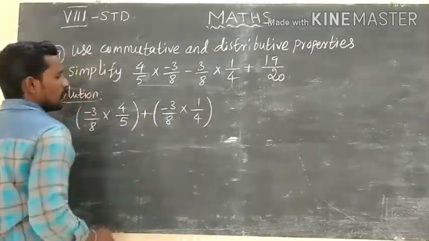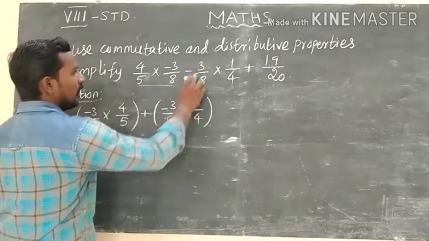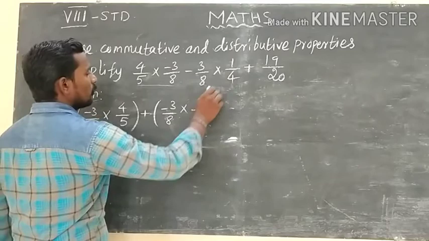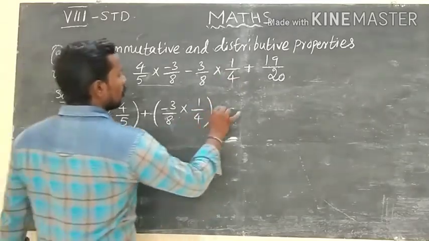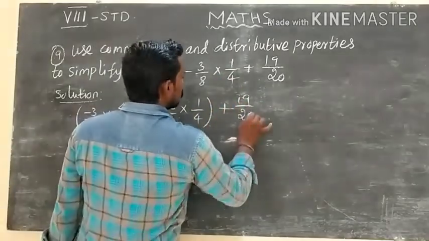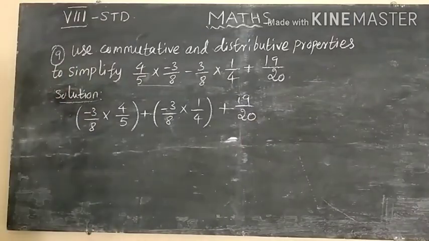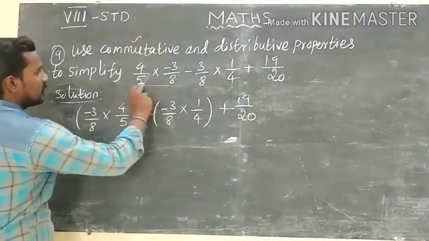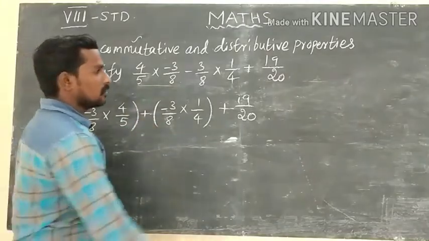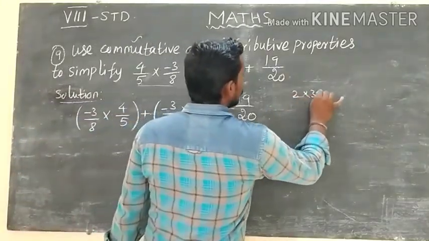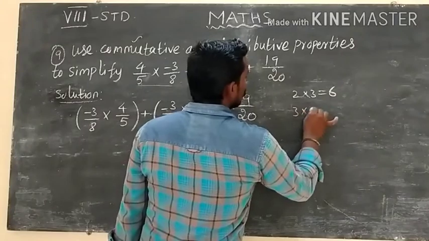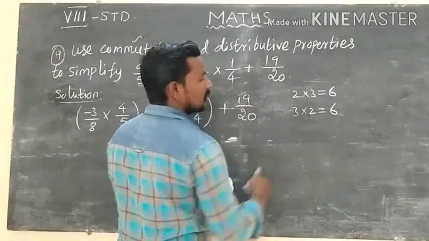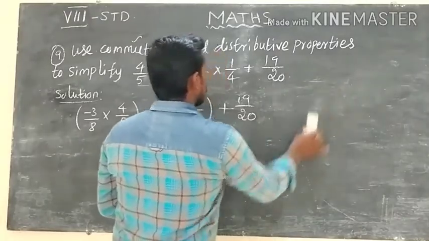As multiplying the signs, plus into minus is minus, minus 3 by 8, plus into plus is plus, so 1 by 4, plus 19 by 20. Here I used the commutative property to interchange the values. So 2 into 3 is equal to 6, 3 into 2 is equal to 6. The result is the same when we interchange the positions when multiplication exists.